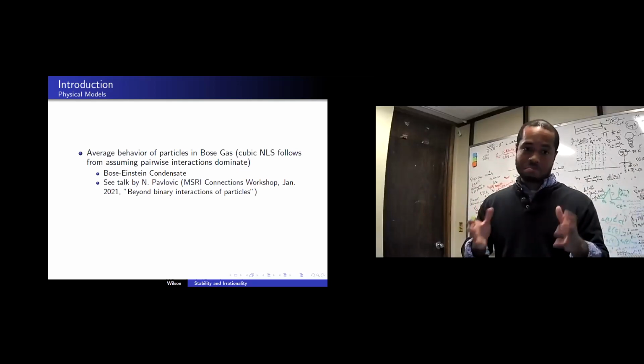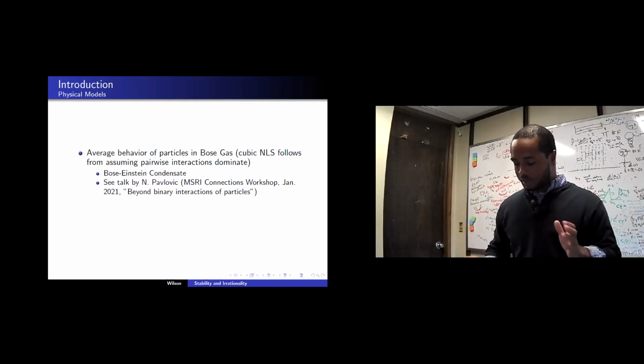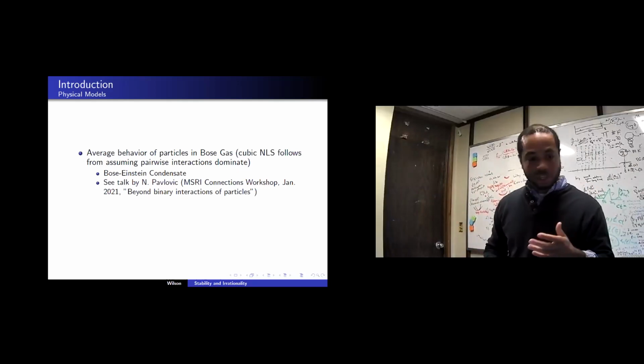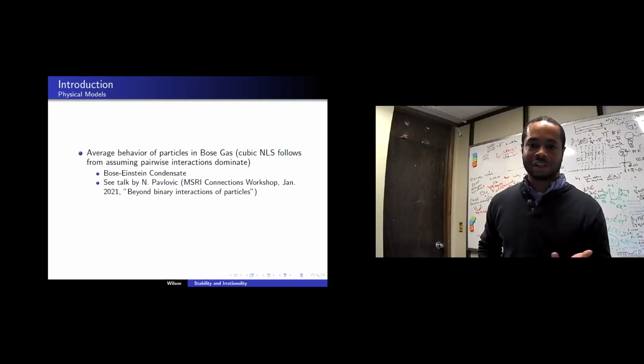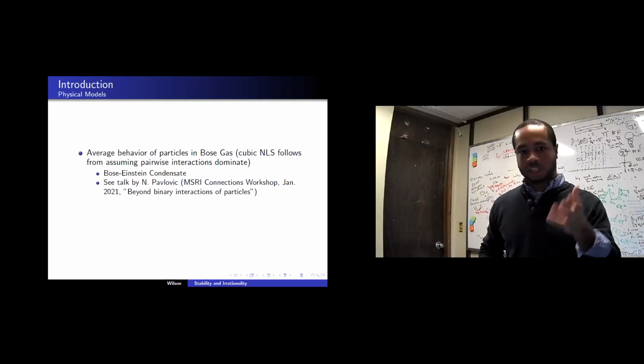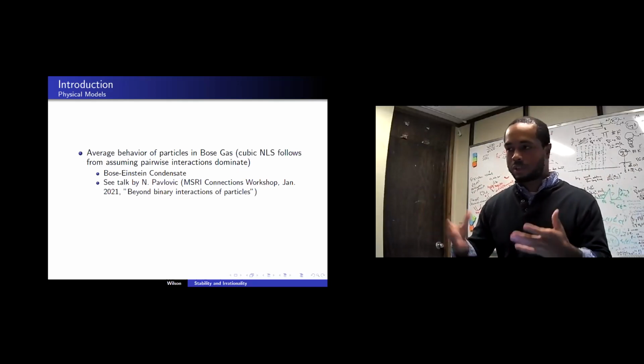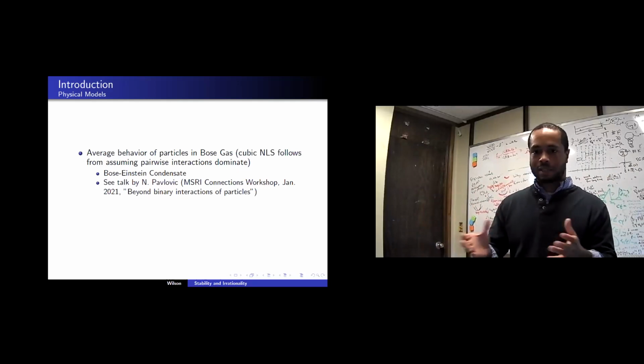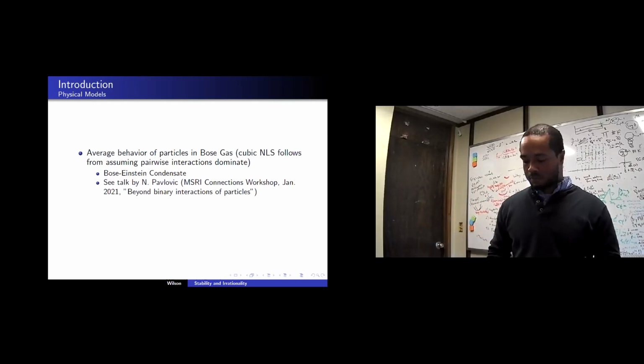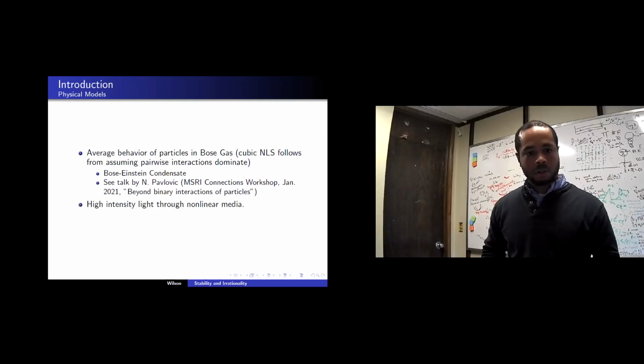So this stuff I'm learning slowly, but I think it's very interesting, and she and her collaborators, one of their research directions is really to make this connection mathematically sound.